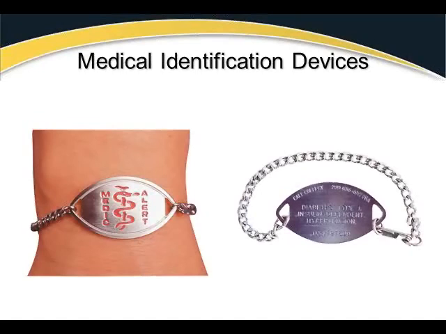Sometimes they're in wallet cards, say in your wallet or purse. And I'm starting to see more and more people get tattoos that have medical alert information on them. I've seen some that almost look identical to this medical alert bracelet you see here, tattooed in that very image on their wrist or on their chest. So medical alert is very helpful to help us start to determine what might be going on with this patient.